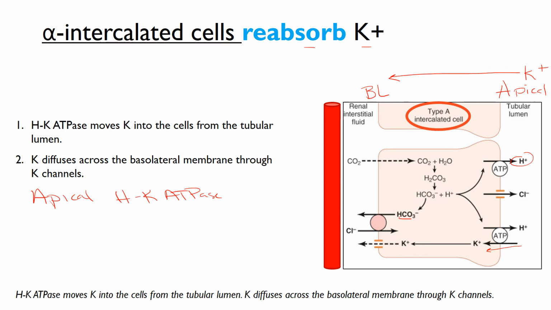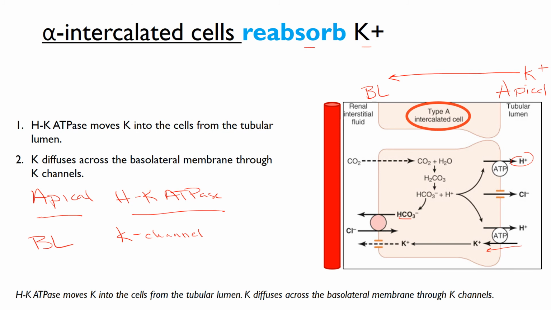And that's because on the previous slide when we were looking at the beta intercalated cells, we also mentioned the exact same ATPase. And if you put those slides side by side, you'll notice they are almost mirror images of each other. And they're backwards. In the alpha intercalated cell, the hydrogen potassium ATPase is expressed on the apical membrane. And then the basolateral side, in contrast, has the K channel.